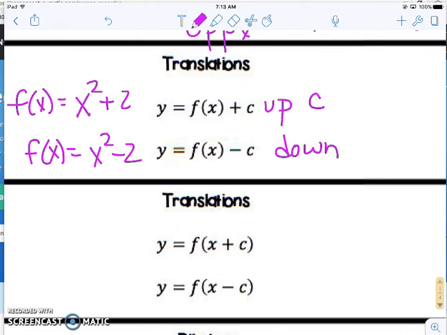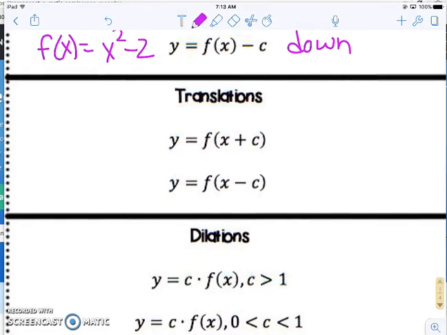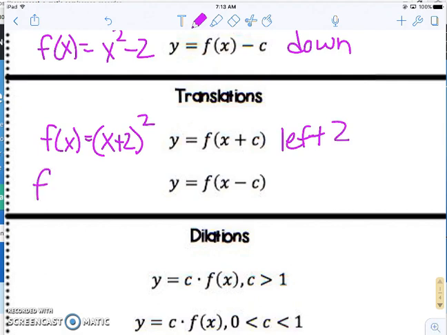It moves it up and down. And then the second set of translations, right and left. So this is like if we had f of x equals x plus 2 in parentheses squared. Well, what does the plus 2 do? It moves it to the left 2. And if we had the subtraction, that would move it to the right 2.